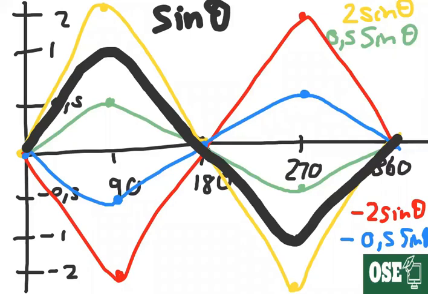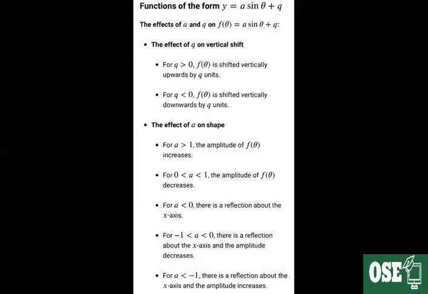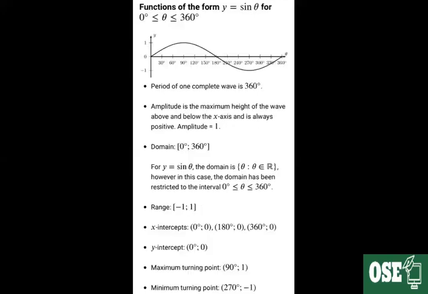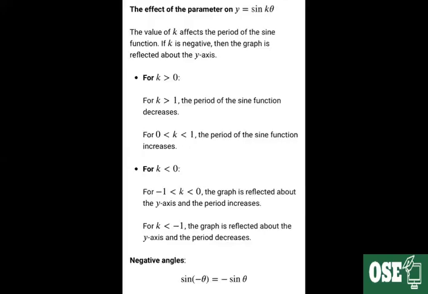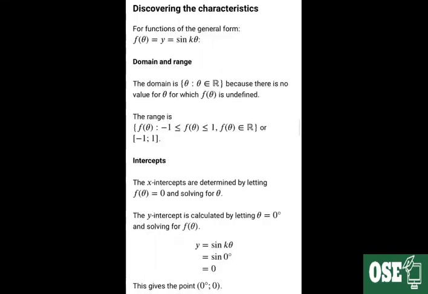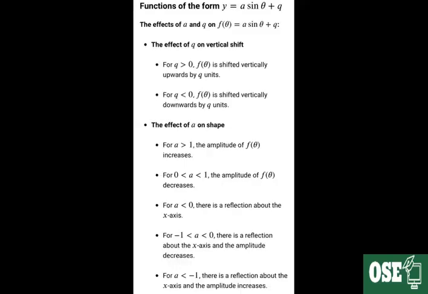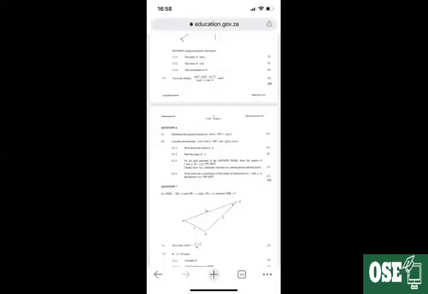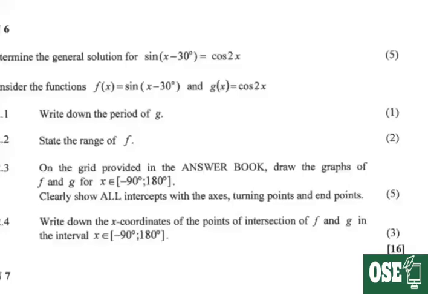Okay, I had questions lined up, but most of them are a mixture of two graphs. So we're going to cover the sine graph tomorrow, and then after that we will attempt questions.